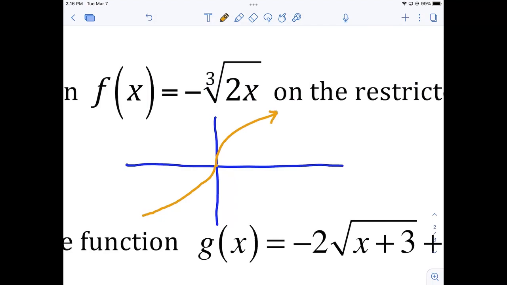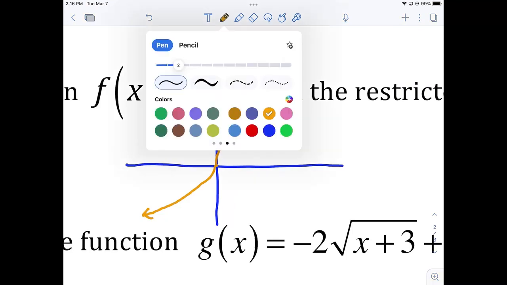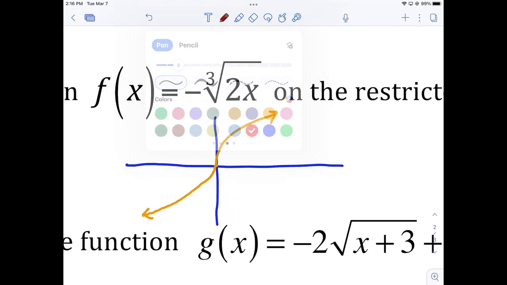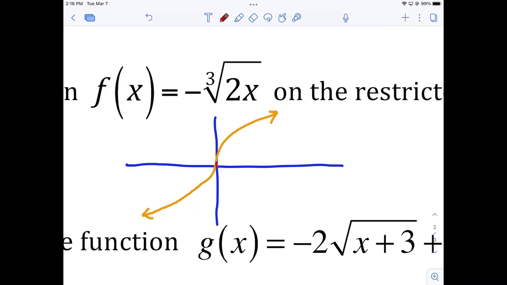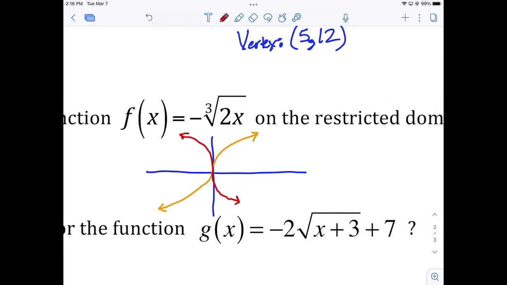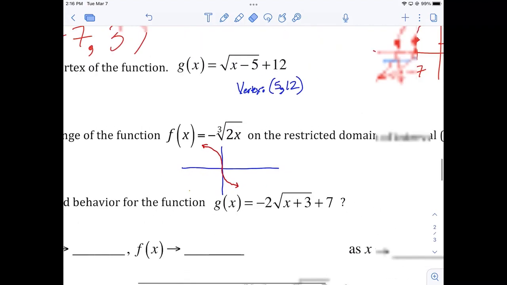It looks like that. What would a negative do to this and everything? Reflect across the what? X-axis. That makes this go up like this. And that makes this go down like this. So now, I'm going to get rid of the orange because we don't need that anymore. It looks more like that.